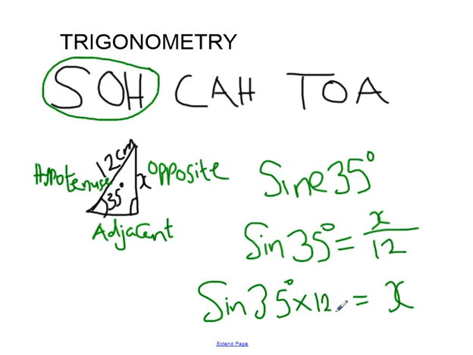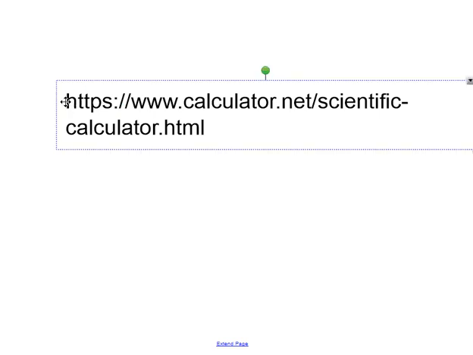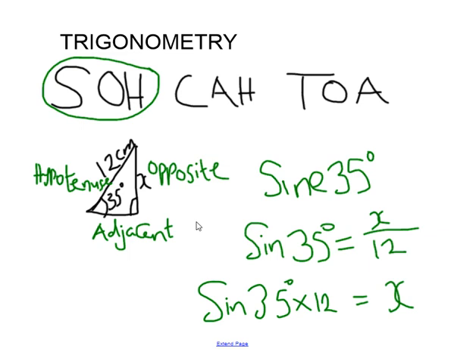Now using the online calculator, sine 35 degrees. Let's see if we can quickly select that, or we could just use our normal calculator, which I've got here. So sine 35 degrees is 0.5735.